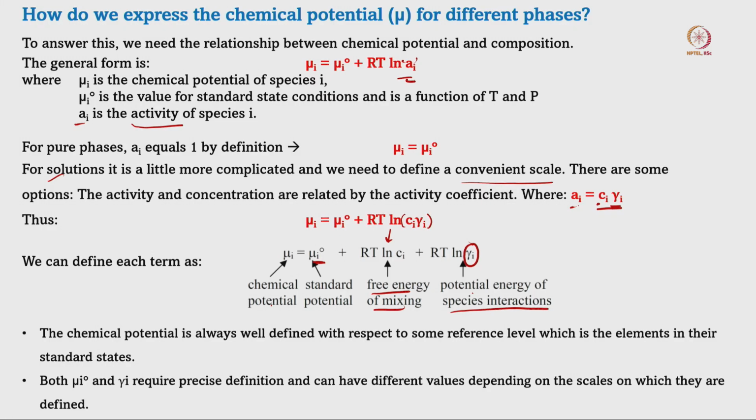Let me tell you a little bit about the physical form. What is the difference between activity and concentration? Suppose you have mixed a particular salt in water, say 1 gram in 1 liter of water, and X is the composition.